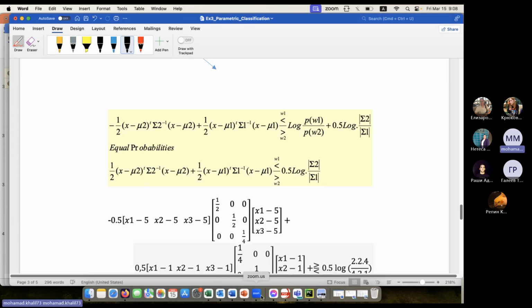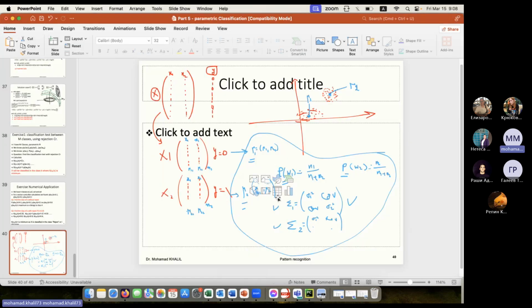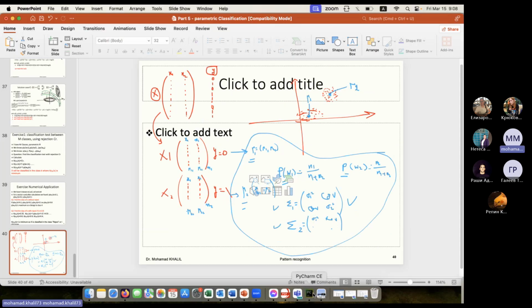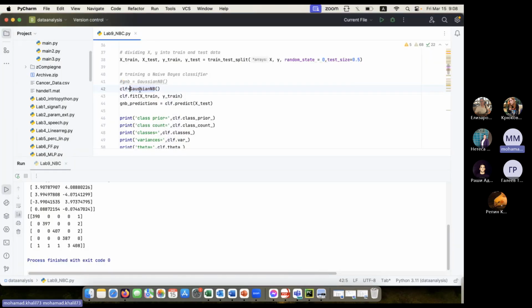So here I explained how, for each class, to estimate the covariance matrix, the probabilities and the mean. Look, you will see in Python, it's only one instruction that does everything.